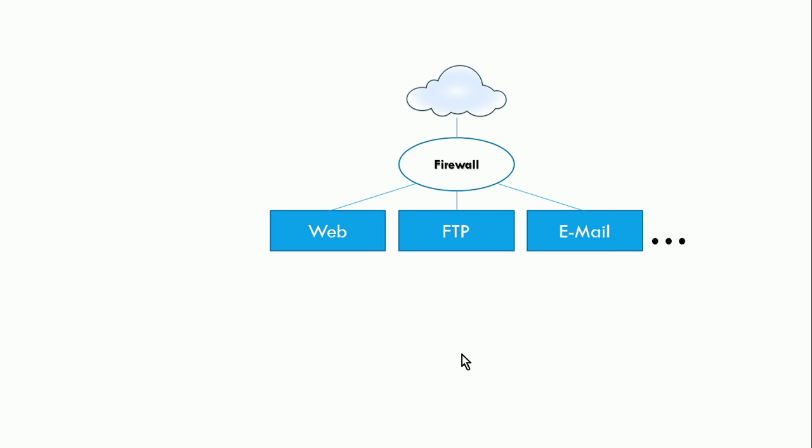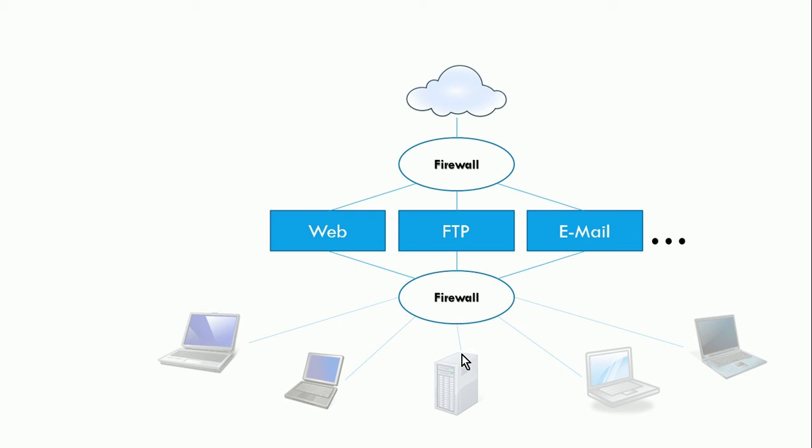And then behind that firewall, you might have public-facing devices like web, FTP servers, and email servers, all of the things that have to interact with things beyond your local area network, or from the internet into your network. But then you'll have another firewall which protects devices that are inside your network that, for the most part, people should not be able to access from outside the network unless we have that established connection that we talked about.